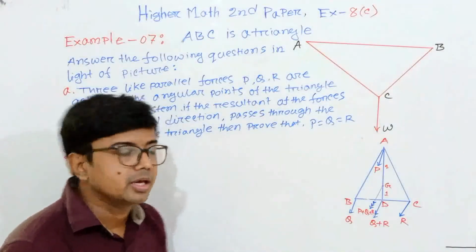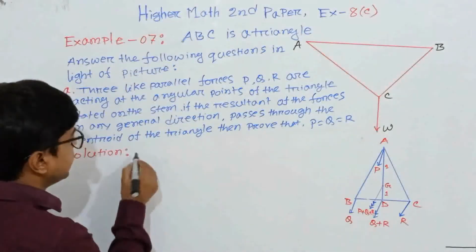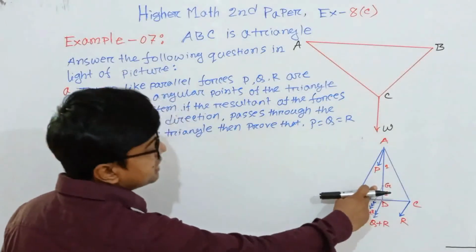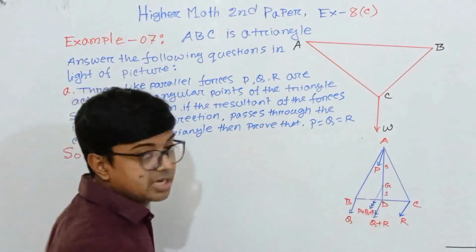Now question A of example number 7. Look at the figure. Here G is the centroid of triangle ABC.